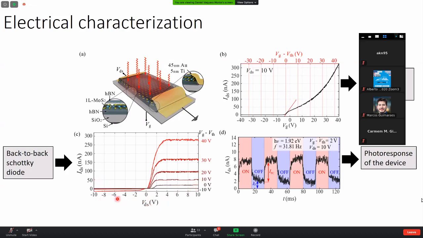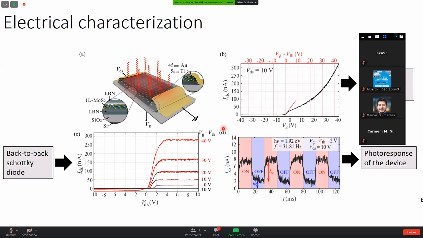Also, we observe that the current saturation is not symmetric, and this is because the heights of the barriers of the Schottky contacts are different. So we have an asymmetry.